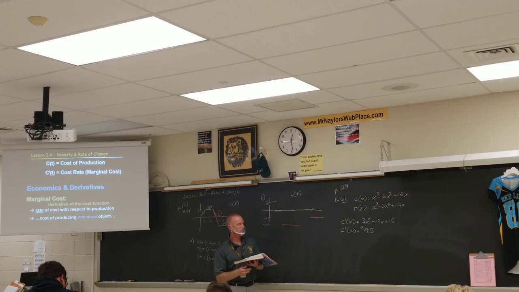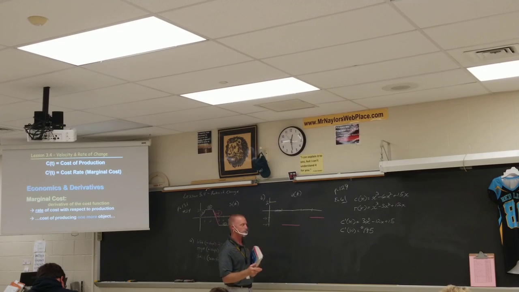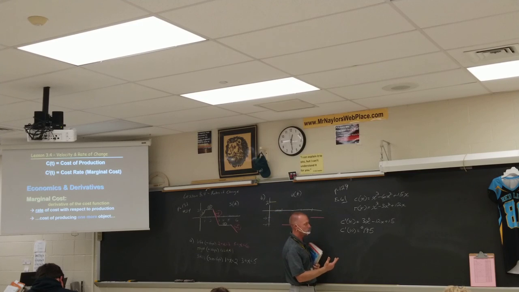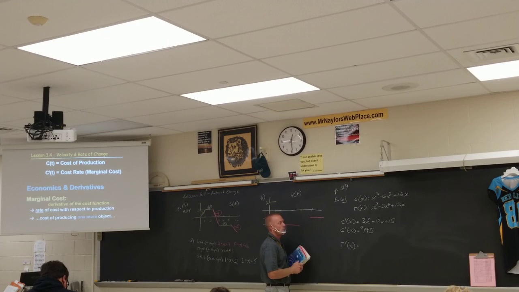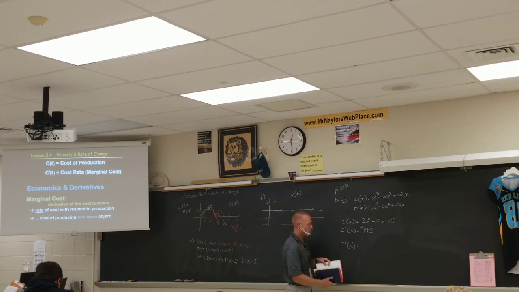In loose terms, and I kind of wish I understood this a little bit better, that means the cost to make the next radiator, like the 11th radiator, is going to be 195 bucks. For some reason it changes, probably because it depends on how many you make, as to how efficient you are and all that. But the marginal cost for 10 radiators is 195, which means to make the next one, it would cost you 195.